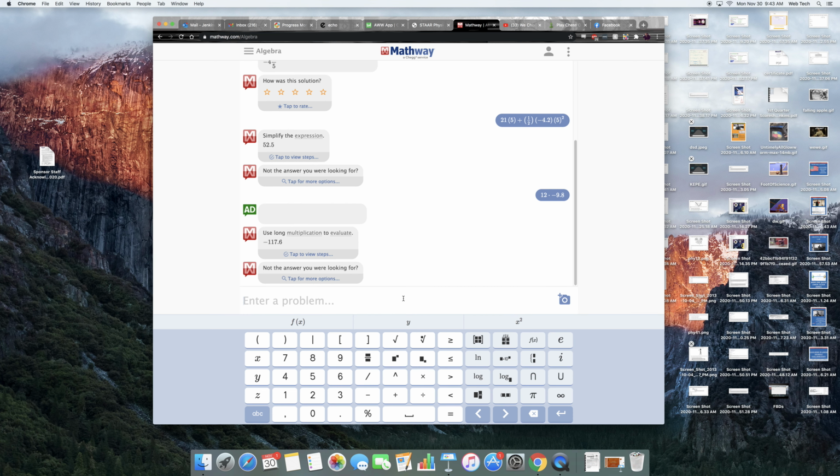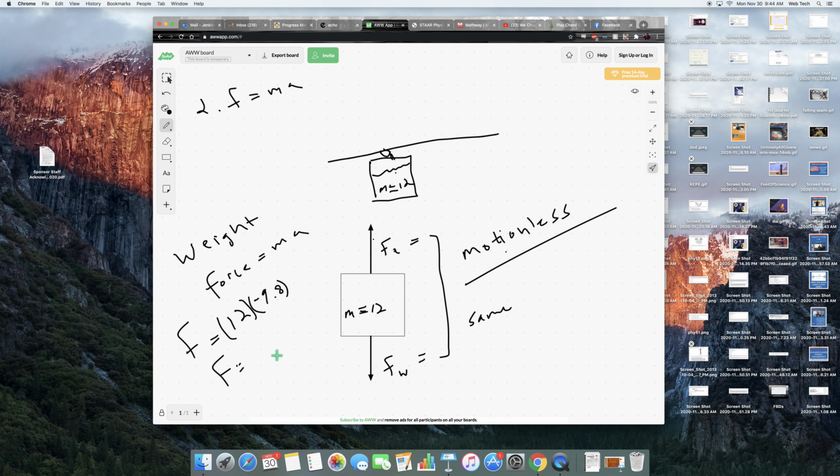That's going to be negative 117, or about negative 118. So 118 newtons pulling down.